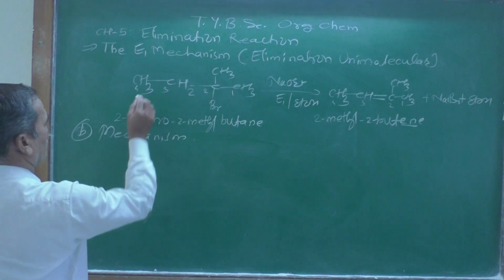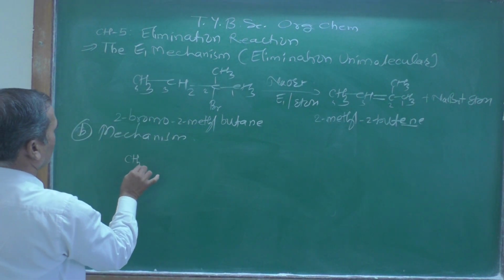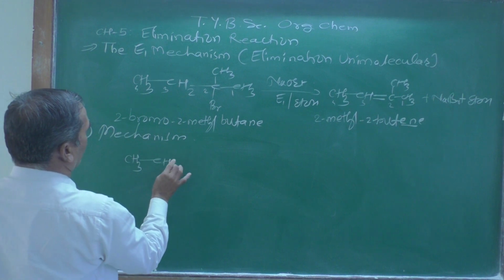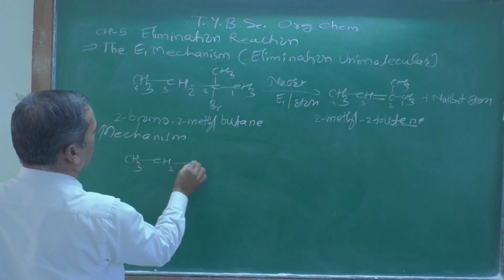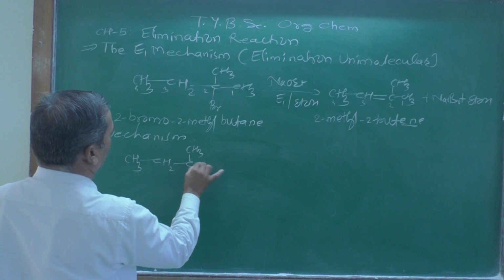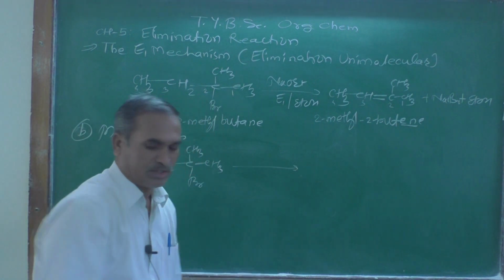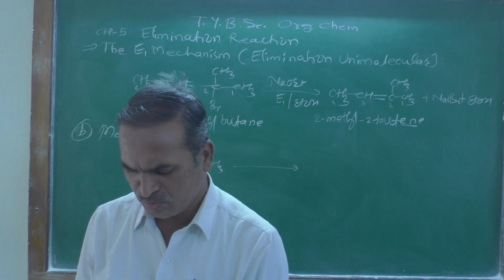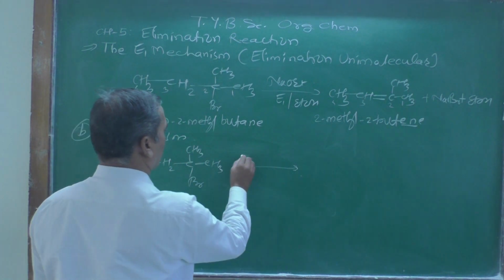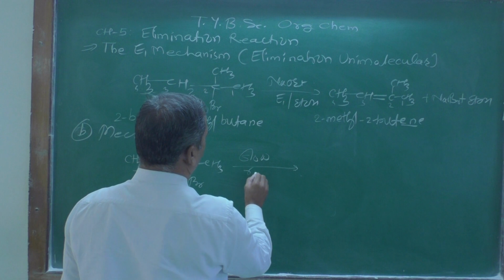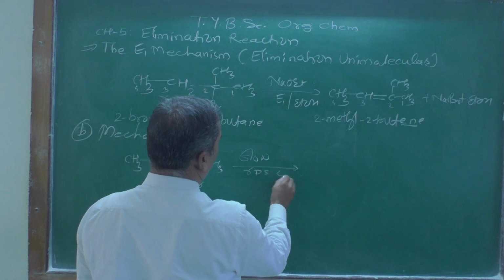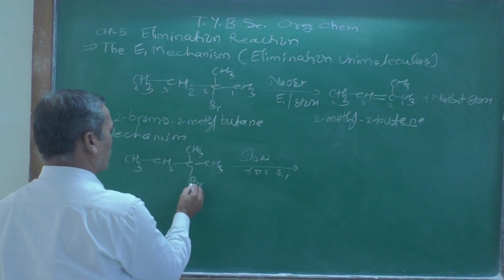Number one, first one here, (CH3)3C-Br. In the first reaction, it is a slow reaction, the rate determining step, that is an E1 reaction. In E1 what is happening?